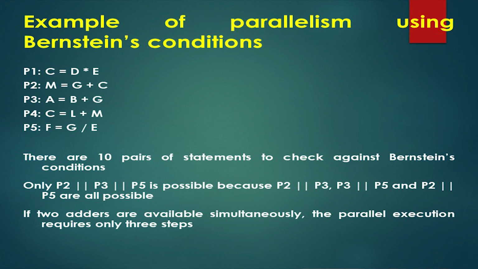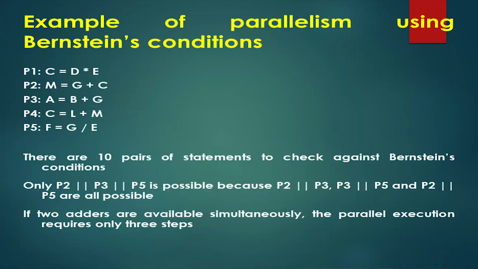There is no matching between inputs and outputs. G is a common variable, but G is an input variable. I have already told you inputs can be common, but outputs and inputs should not be common. So P2 and P3 can execute in parallel.